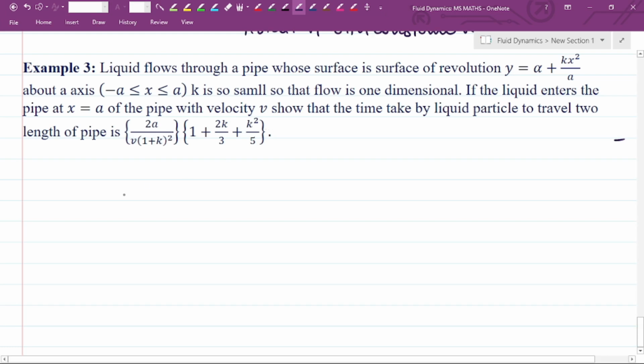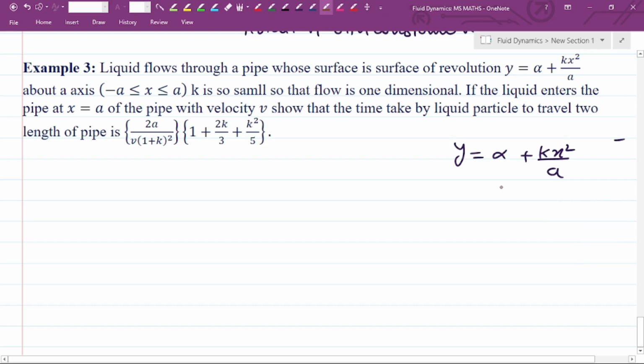Because if you have y equals alpha plus kx square upon a, the regular parabola is y square equals 4ax, with the quadratic degree on y. So that is a parabola on the x-axis. Whenever the quadratic power is on x, then the parabola is along the y-axis.